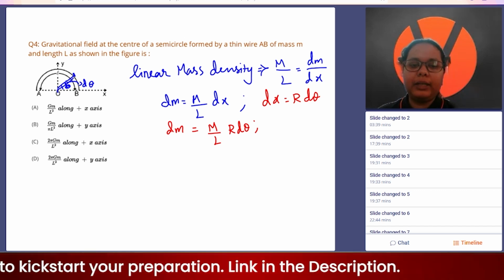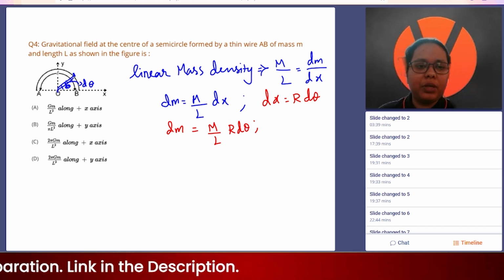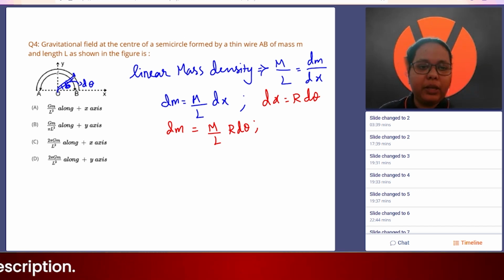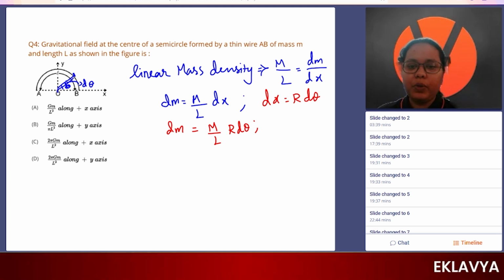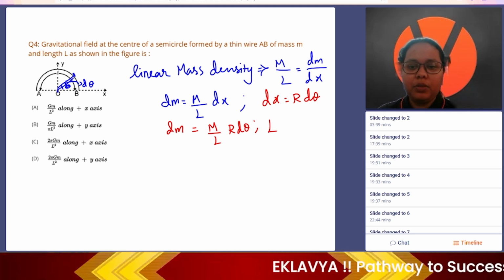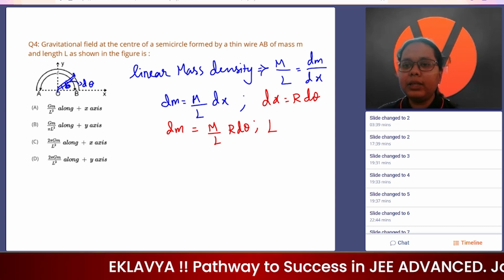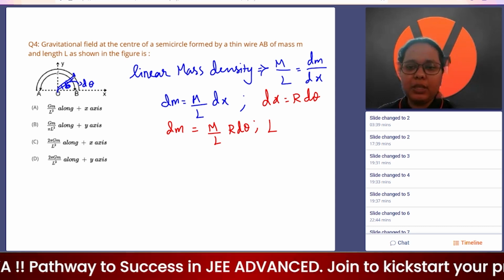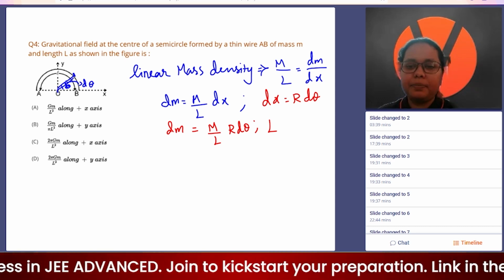Now the length, here they mention L, you can keep it as capital L itself. For a total circle it is 2 pi r, so for a semicircle it is pi r.